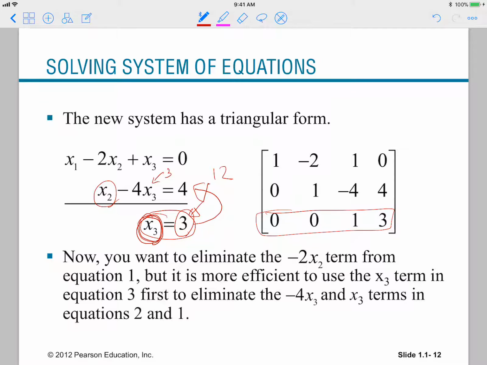But in this example, we actually used substitution (대입법). We replaced this variable x3 in the other equations, right? But I mentioned that we only use elimination (가감법).